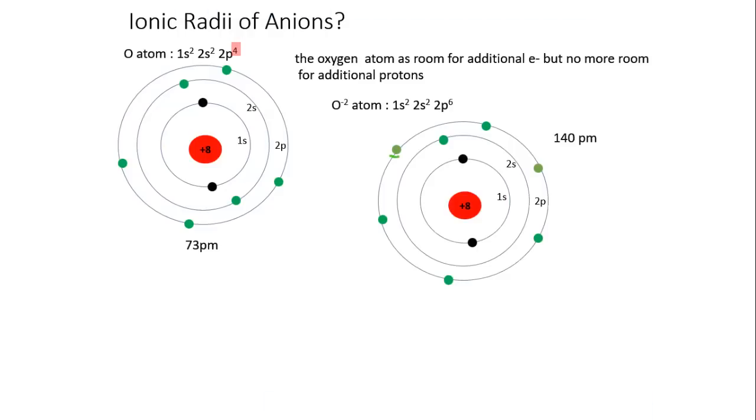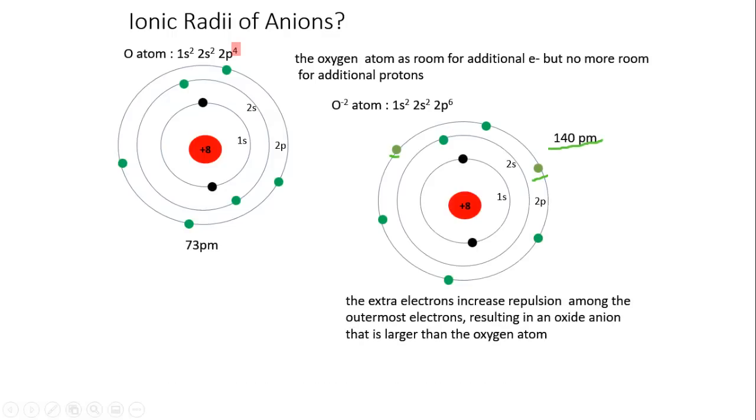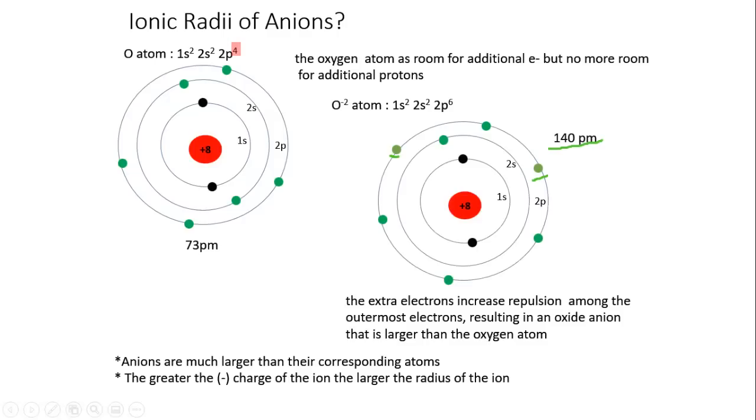So there's more electron-electron repulsion, which causes the radius to increase. And so the greater the negative charge of the ion, the larger the radius of the ion. So anion radii are much larger than their corresponding neutral elements.